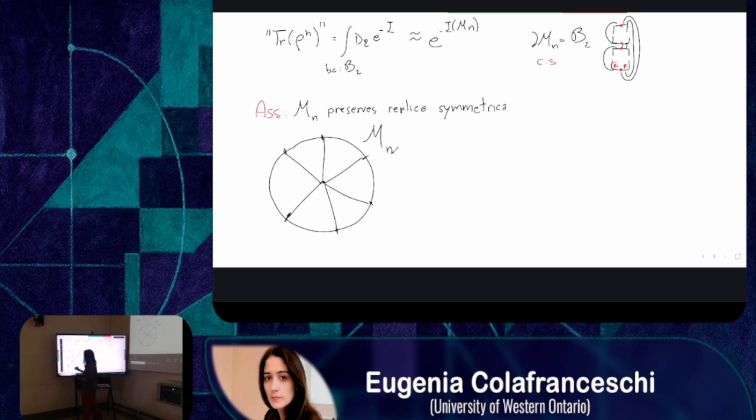Since we are assuming that the saddle preserves the symmetry, what we can actually do is move to a quotient description, which I'm going to call M tilde n, in which we take the full saddle and divide by the symmetry.